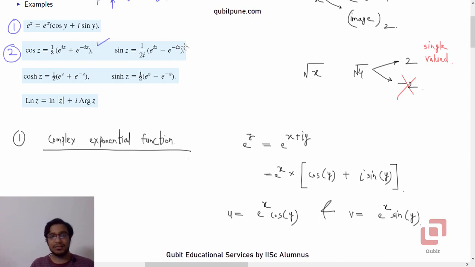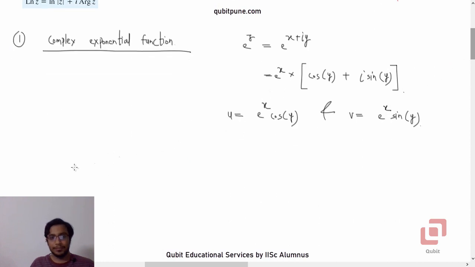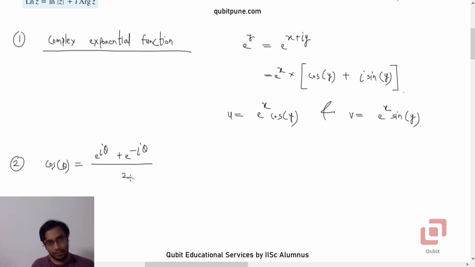These definitions will not be very difficult for you if you already know the alternate definition of cos theta and sin theta using Euler's formula, e to the power i theta plus e to the power minus i theta by 2. If you use cos theta plus i sin theta and cos theta minus i sin theta, the sine terms go, you get 2 cos theta in the numerator, and then you divide it by 2 so that you get cos theta.